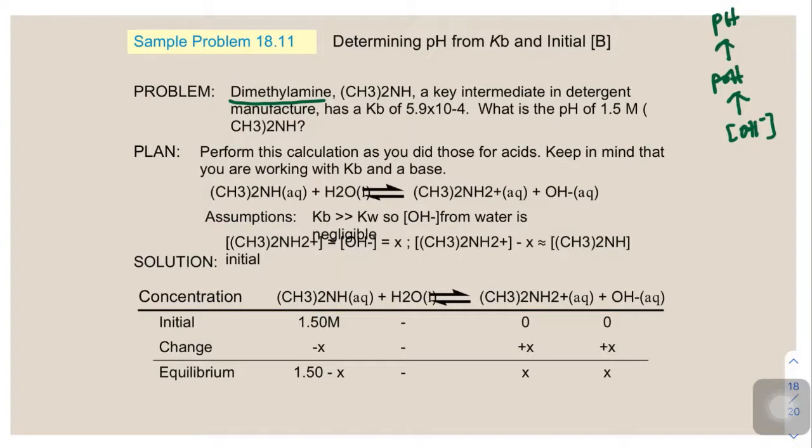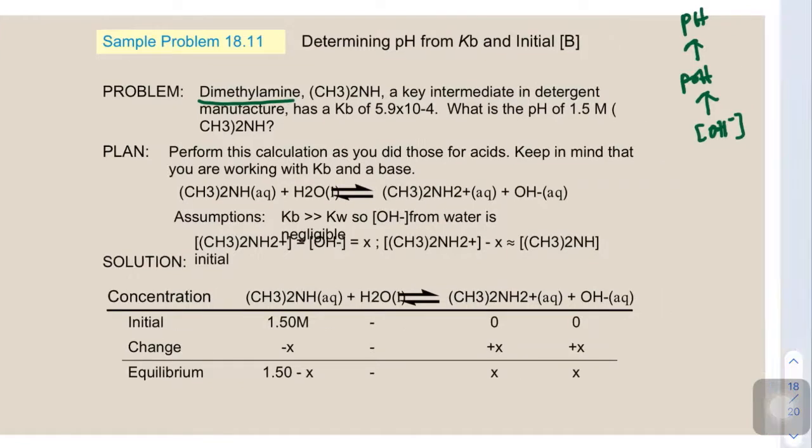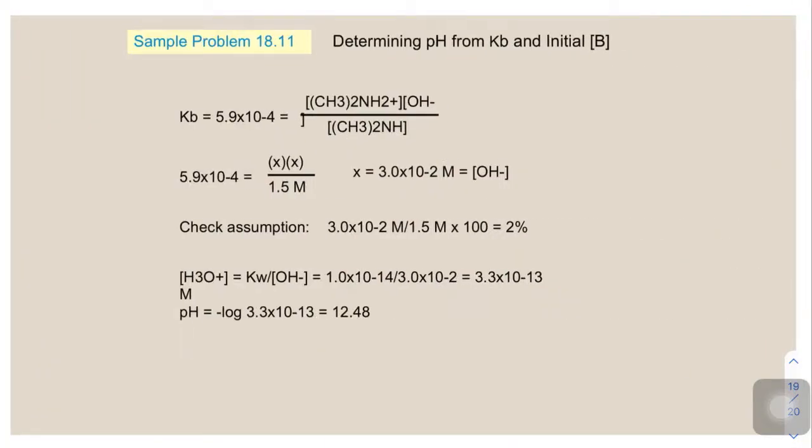To get the concentration of the hydroxide ion, we have to solve the x value. To solve the x value, we use the Kb that is given by writing the Kb expression. The Kb expression is equal to the concentration of (CH3)2NH2+ multiplied by the concentration of the hydroxide ion over the concentration of (CH3)2NH.